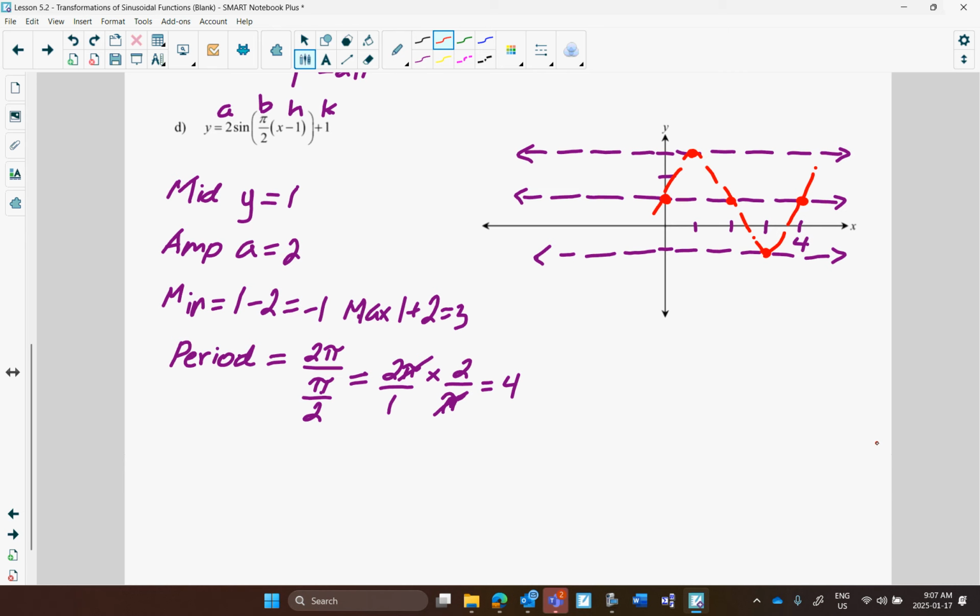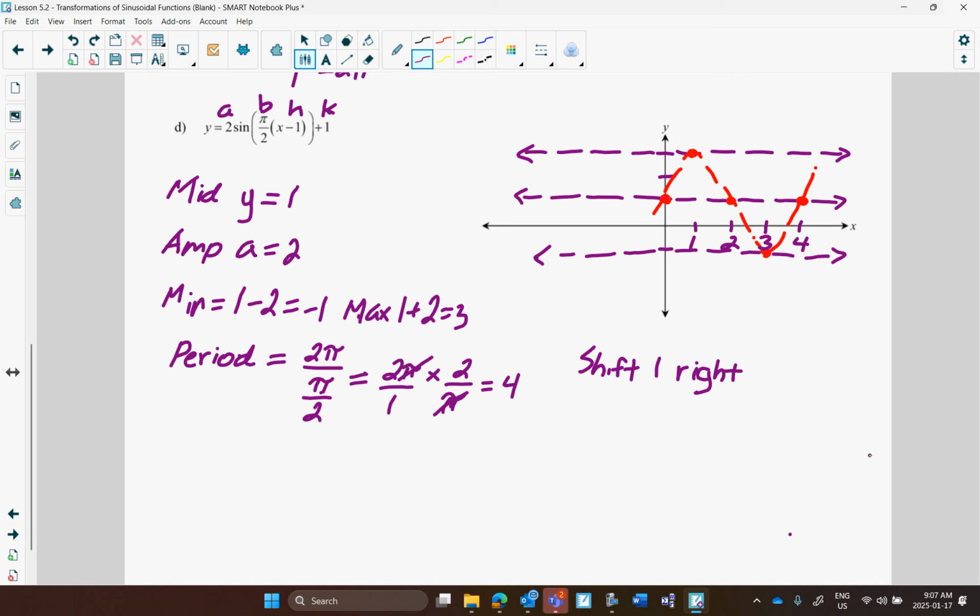But I have to shift it 1 to the right. Question is, how much is 1? 1 notch, right? Because if you think about it, this one has to be 2, this one has to be 4, this one has to be 3. So every notch is worth 1.